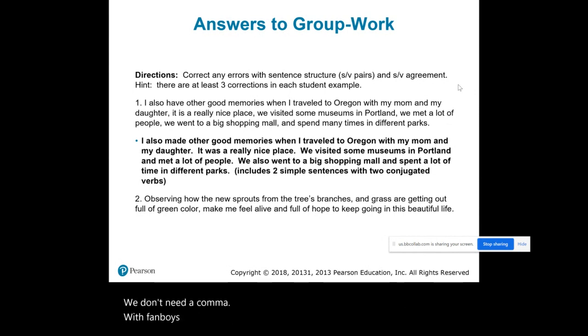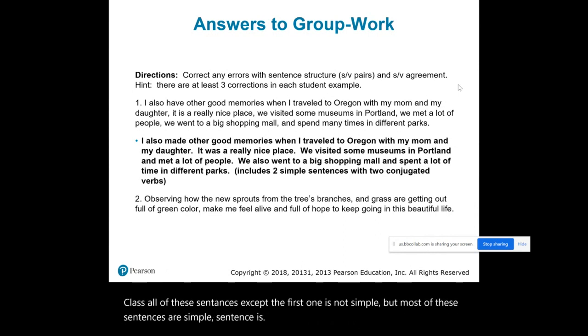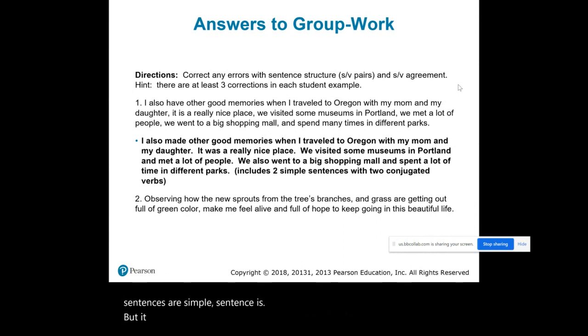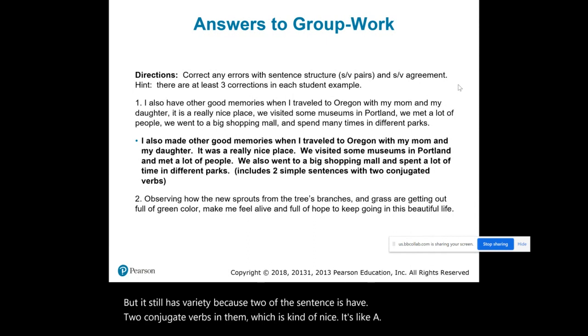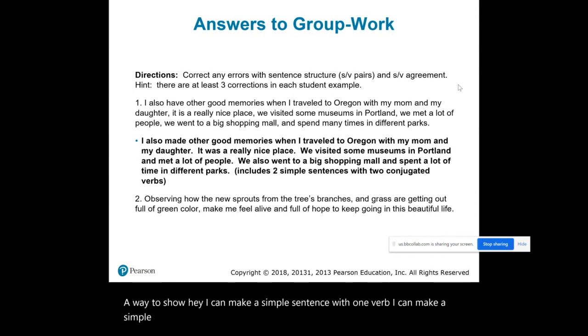Now, class, most of these sentences are simple sentences. But it still has variety because two of the sentences have two conjugated verbs in them, which is kind of nice. It's a way to show, hey, I can make a simple sentence with one verb, and I can make a simple sentence with two verbs.